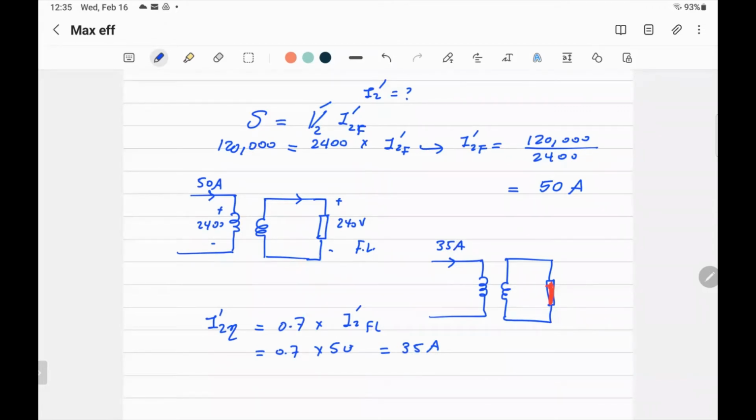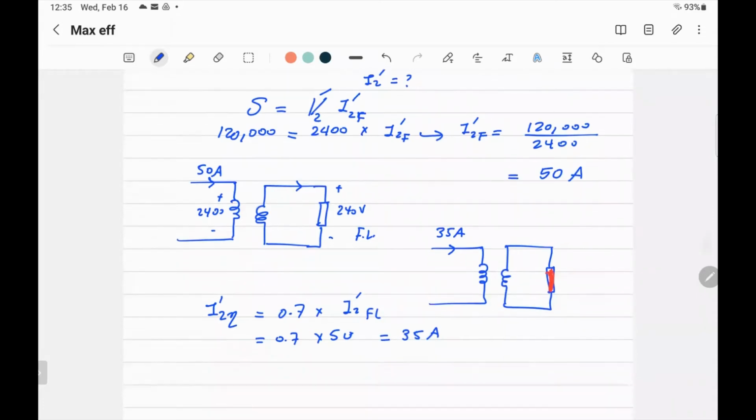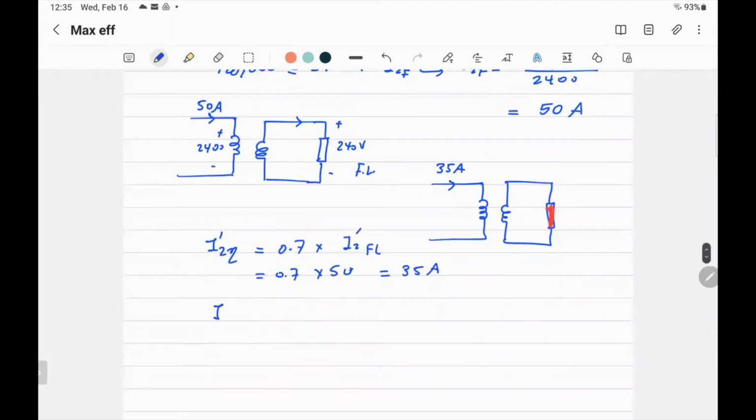You cannot define the current only by saying that it's 70% of the rated value at 0.8 lagging power factor. So now I can write the current is equal to 35, and lagging will be negative, the power factor 0.8, so cosine inverse 0.8, minus. Then you can get the current as a phasor. What's cosine inverse 0.8?